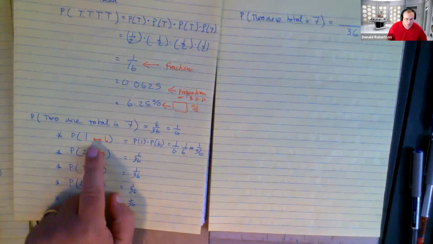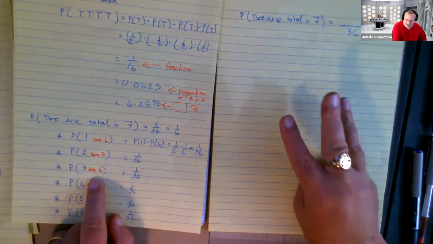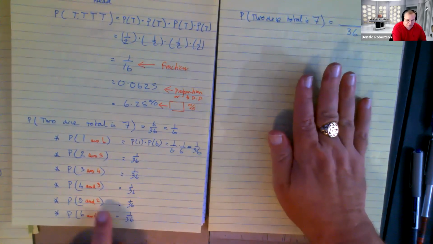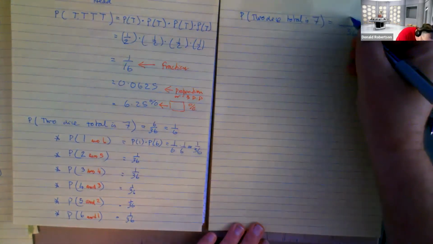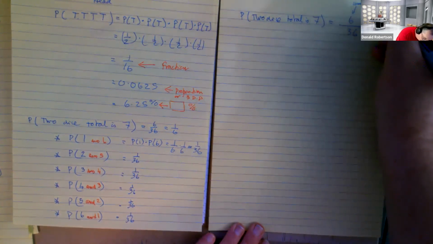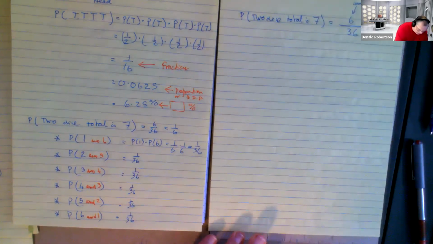So you go 1 and 6, gotcha. 2 and 5, 3 and 4, 4 and 3, 5 and 2, and then the other one. So on the top, you just count all the ways to get a total of 7.